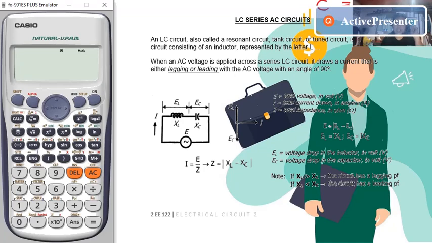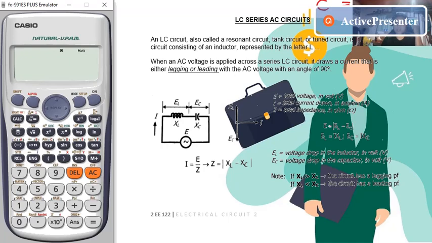When an AC voltage is applied across a series LC circuit, it draws a current that is either lagging or leading the AC voltage with an angle of 90 degrees. So in LC, it depends if the problem gives whether our current is lagging or leading.